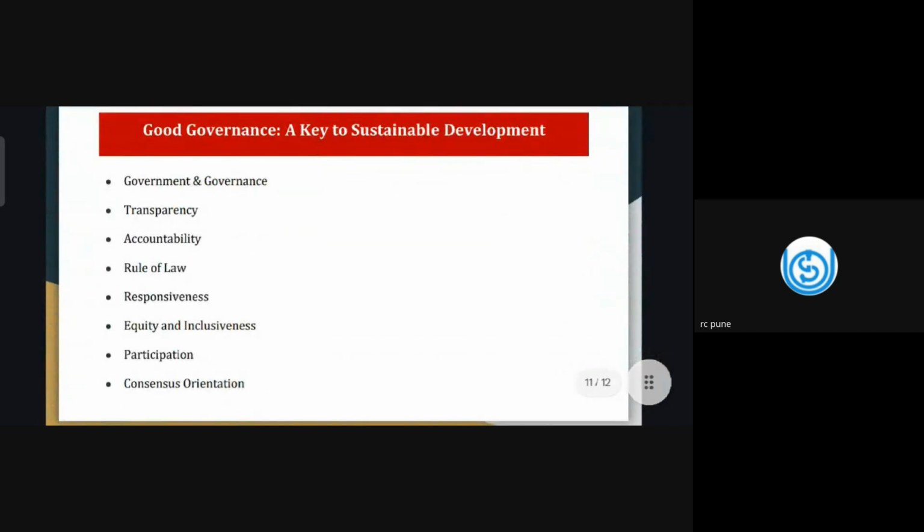Good governance, a key to sustainable development, wherein first we have to understand the difference between government and governance. Okay. Every country may have different form of government. For instance, in India, we have different hierarchy.